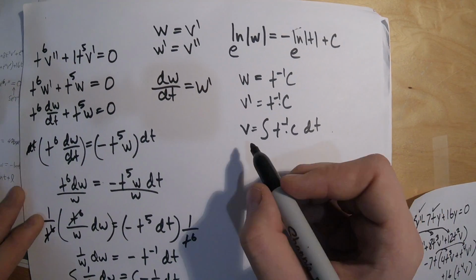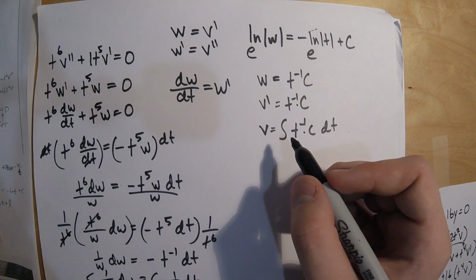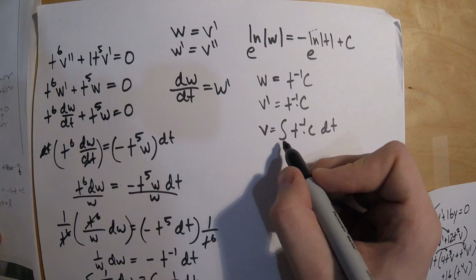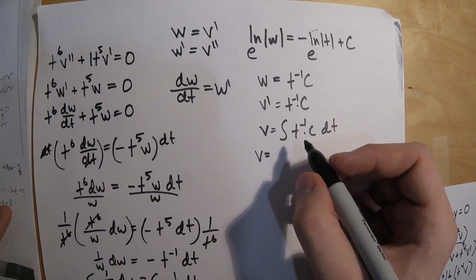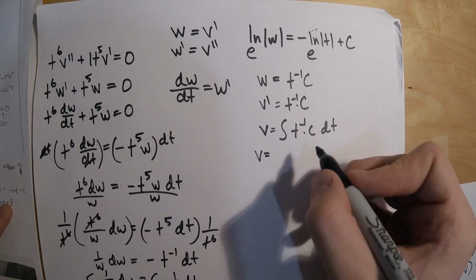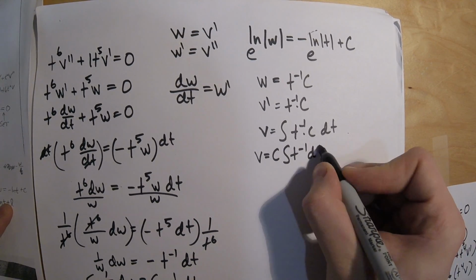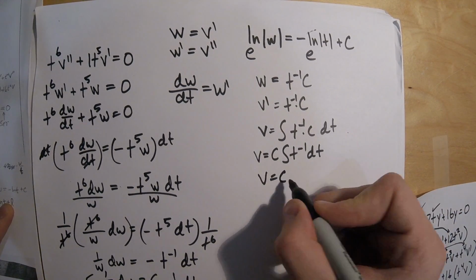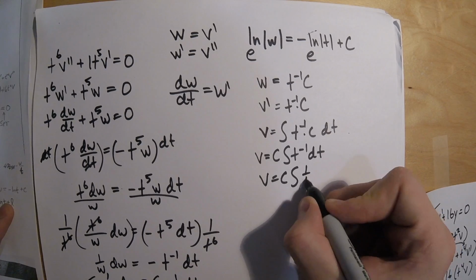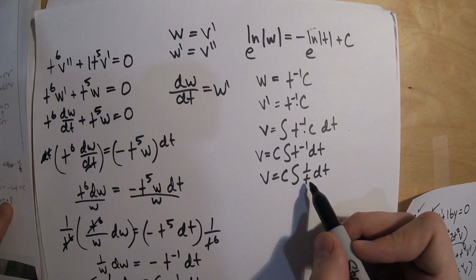Now remember the c is going to come out, so v equals c times the integral of 1 over t dt.